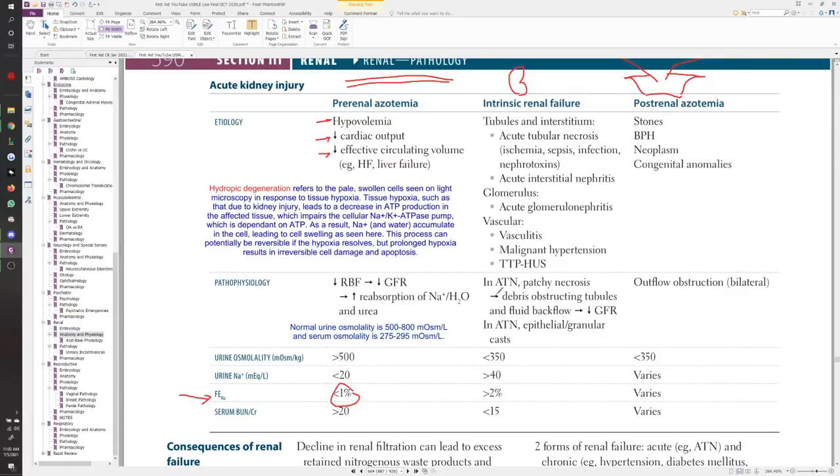When the kidney doesn't work, you basically see some kind of issue that, of course, reduces GFR. Right here, they gave an example that's the pathophysiology of ATN, acute tubular necrosis, the first thing. But no matter what thing you pick, the point is GFR is going to be low. Now, in this case scenario, though, your fractional excretion of sodium is going to be high, because at this point, what's happened?